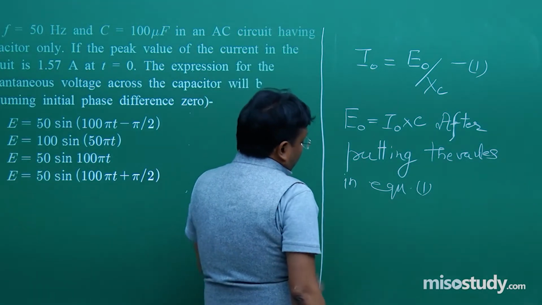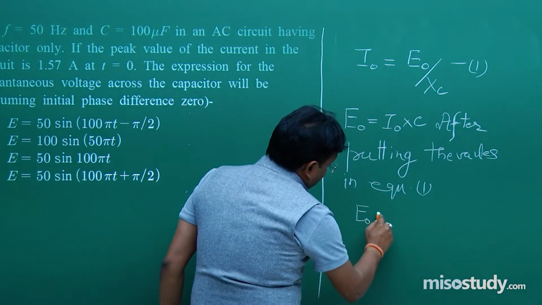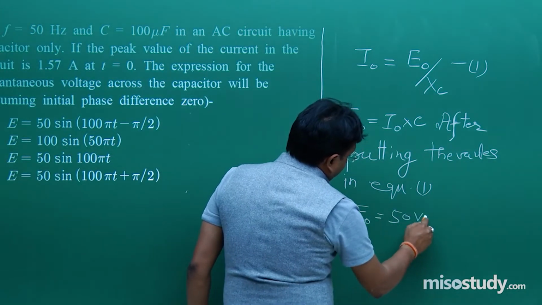Fine. Obviously the expression is going to be changed. Why? Because in this situation E naught is equal to 50 volt.